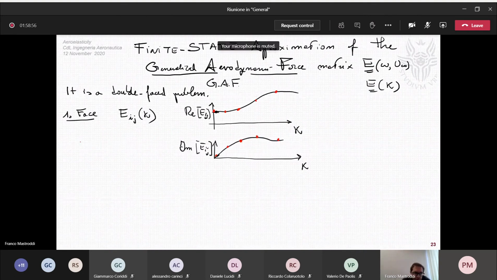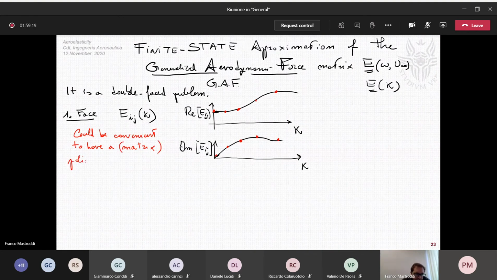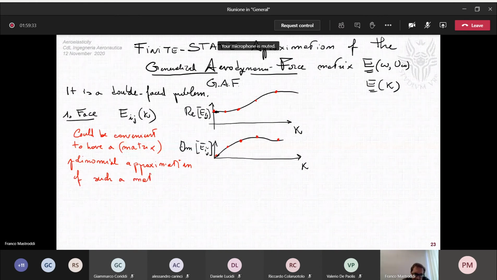Okay, question. Could it be convenient to have a matrix polynomial approximation of such a matrix, the aerodynamic matrix?